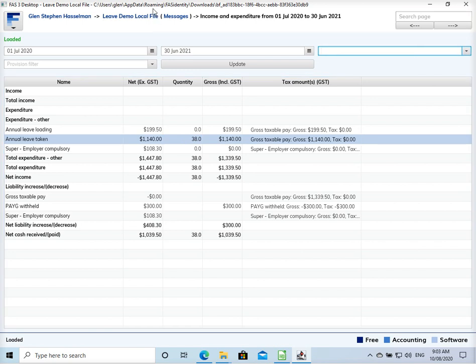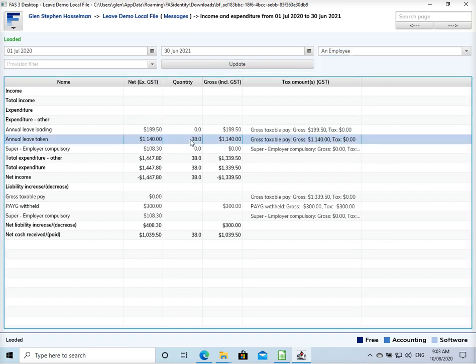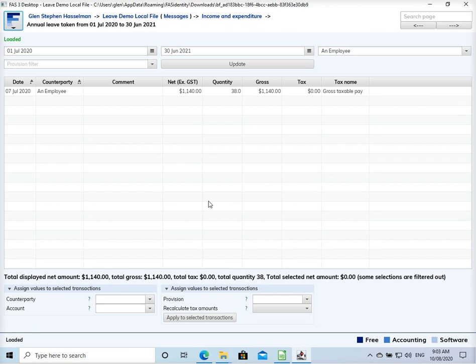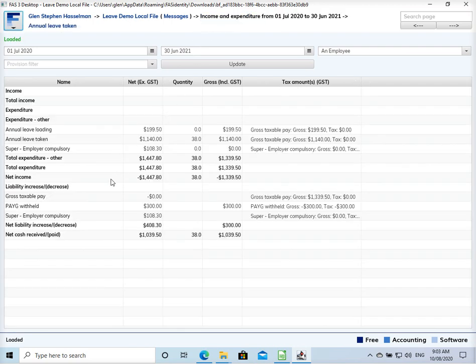On this income and expenditure report, you can filter it to the employee, and in fact we've only got one employee here, so it doesn't change, but you can filter it to the employee. You can click into the detail to review and confirm the quantity of leave they've taken.